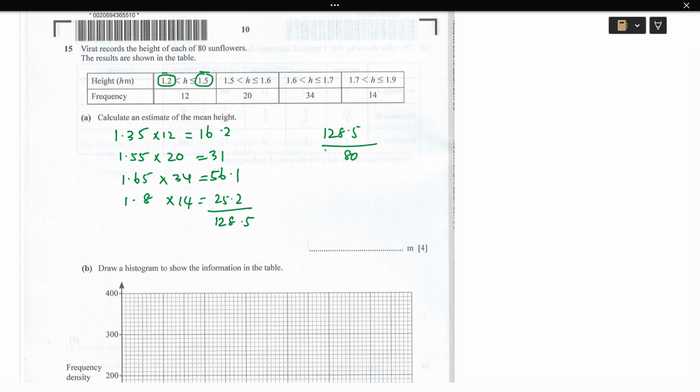So the answer is 1.60625. That is the final answer. So let me cross check. 1.60625 is the correct answer.